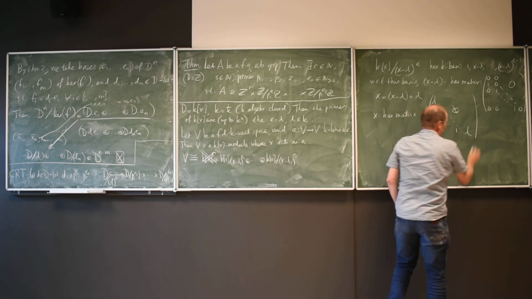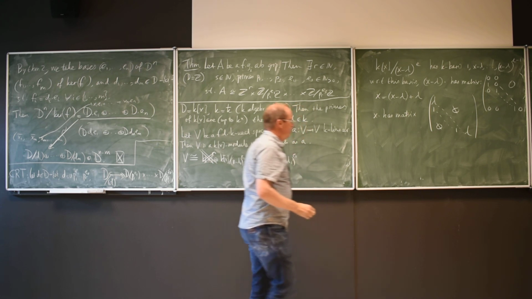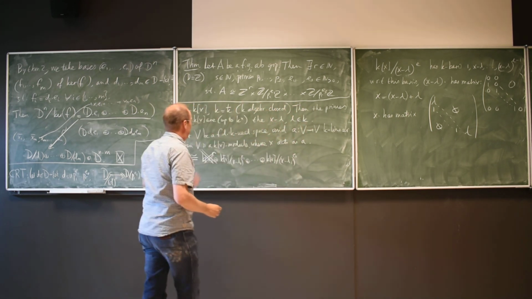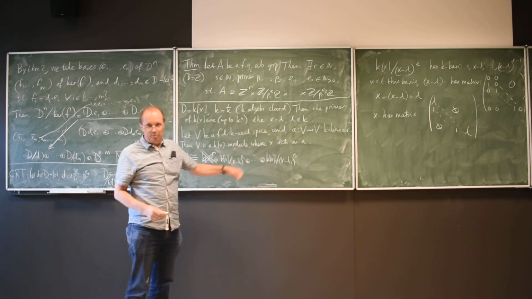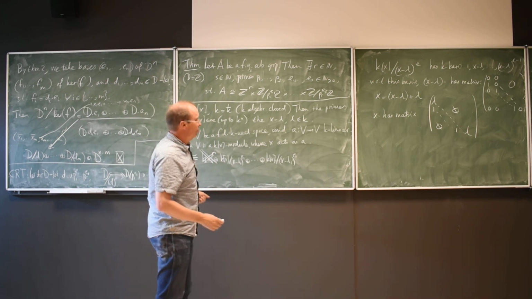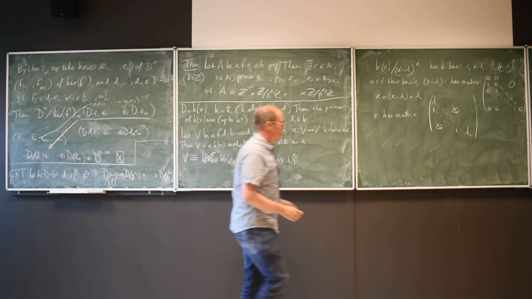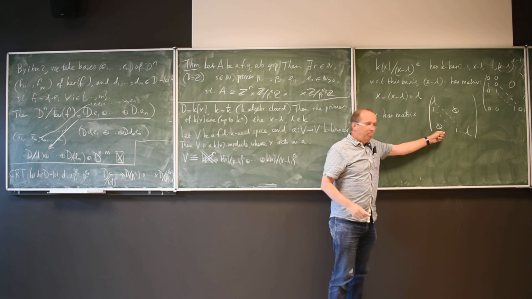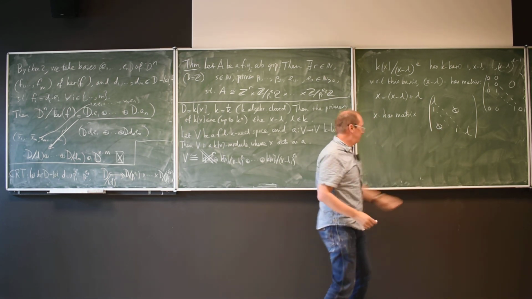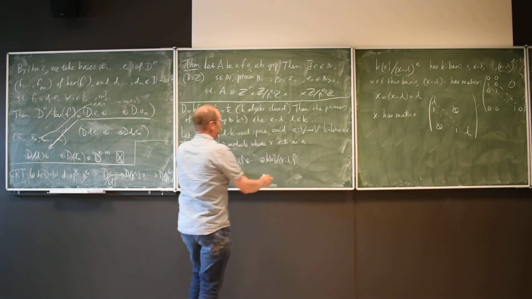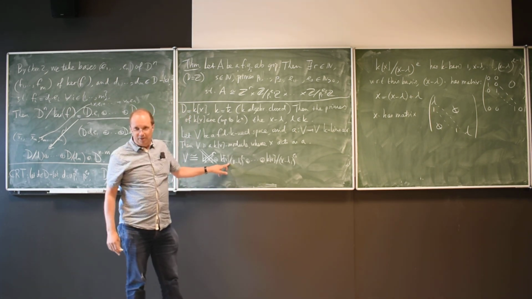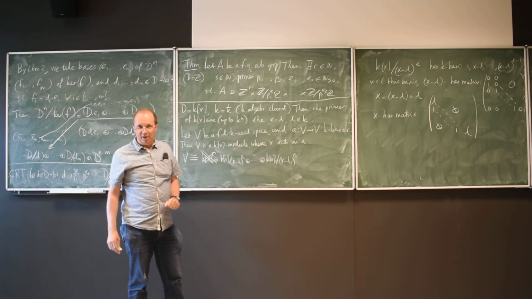And that is a proof that over an algebraically closed field, every endomorphism of a finite dimensional vector space can be brought into block form with these blocks, right? That is because each of these terms will give one such block. And that's the end of the course, I think, for today.